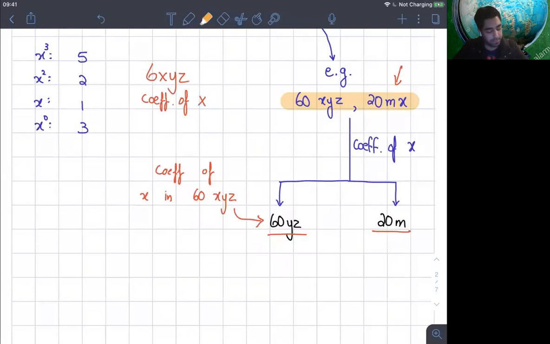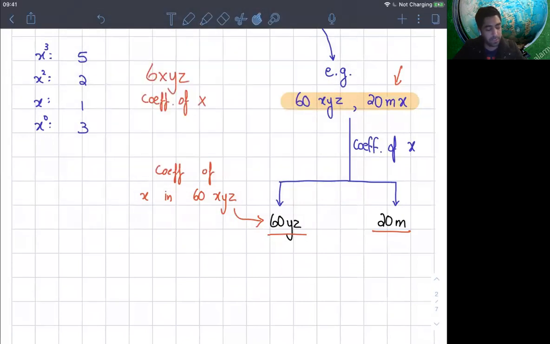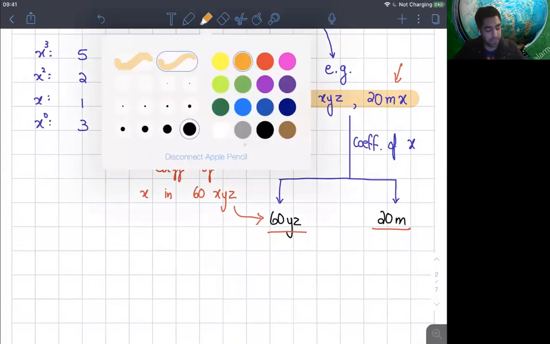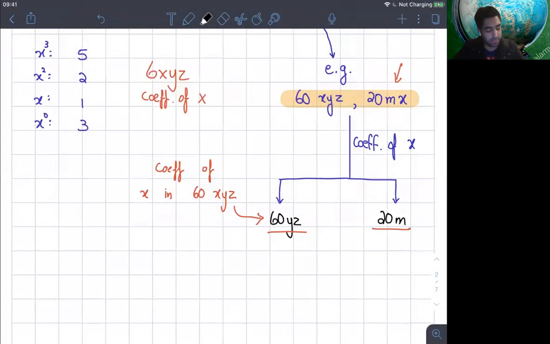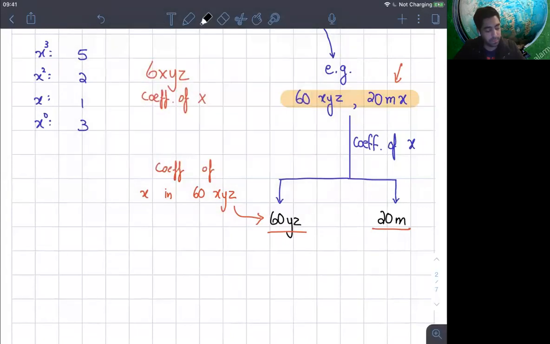Let me try to simulate my finger. If you put your finger on x, you just basically block it. You can't see it anymore, right? So let's block that. So there you go. If you ignore the x, what are you left with? You're only left with 6 times y times z. So the coefficient of x in this term is 6yz.